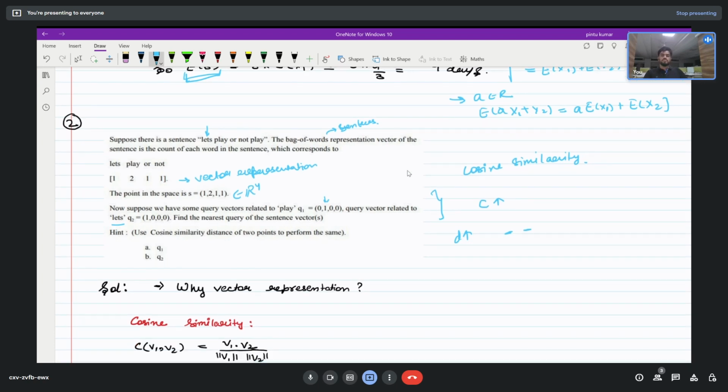Now, the first question is, why do we need this kind of representation for words? I'll try to throw some light on this. When you begin with the course, you will see, at least how I see it, machine learning is this: you have a bunch of vectors.